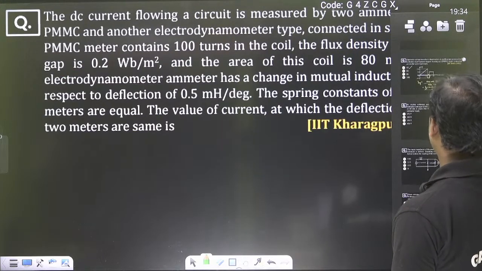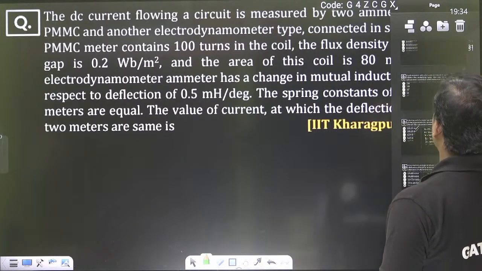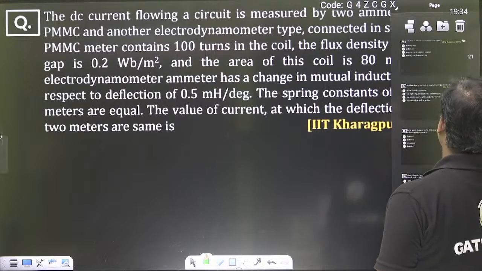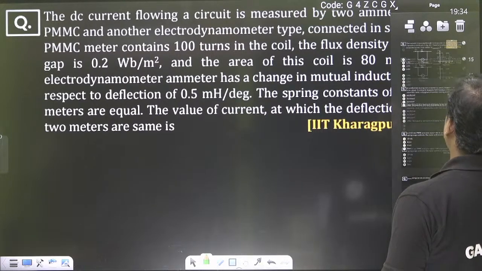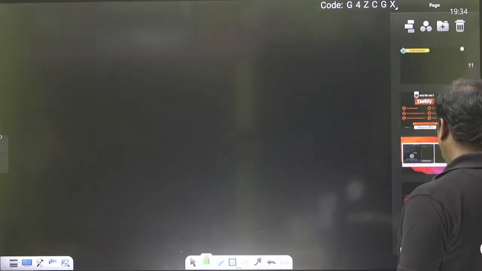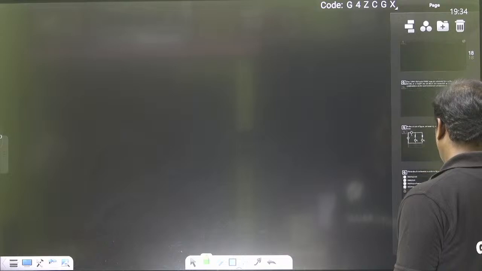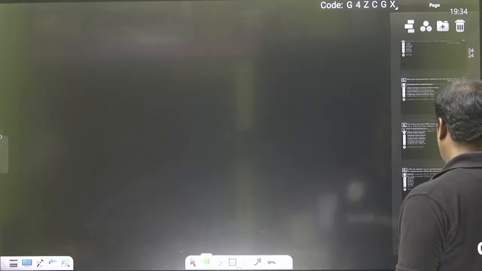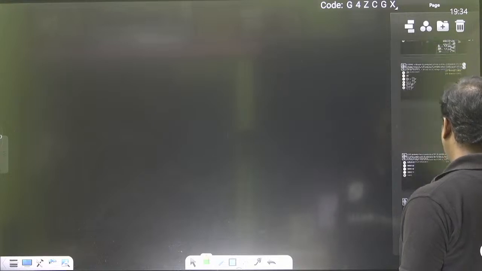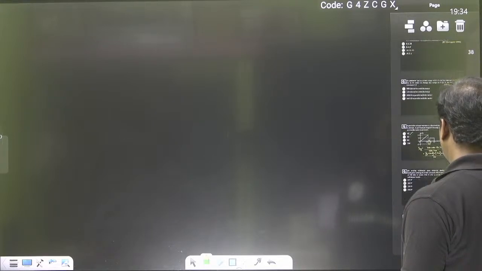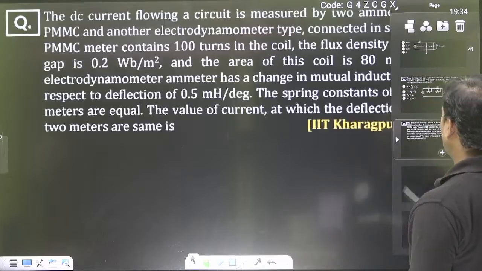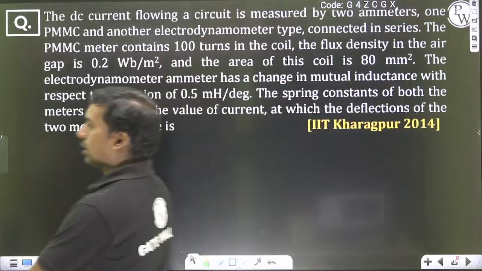Very interesting. This question is from IIT Kharagpur 2014.